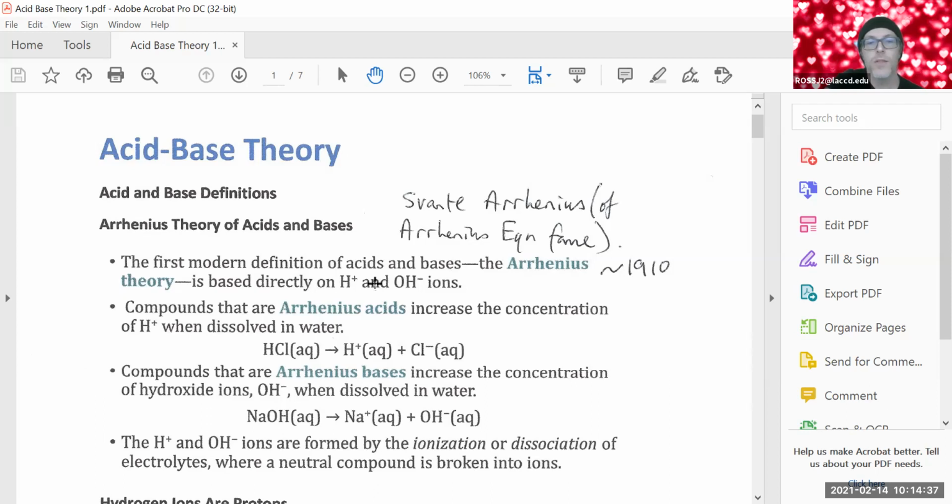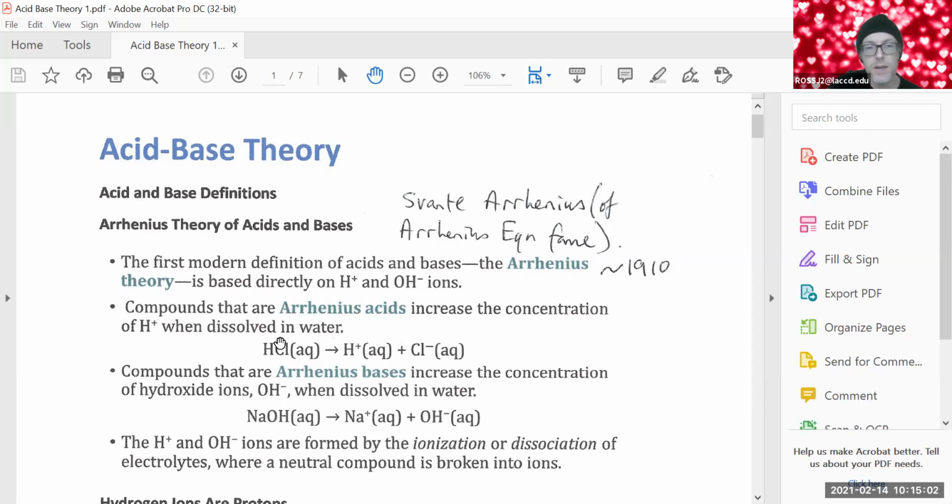Now, the OH- is stable in solution. The H+ is not stable in solution. The H+ will actually interact with a water molecule if it's in a watery environment, and it will form hydronium ion, which is H3O+, but we'll see that in a second. An example of an Arrhenius acid is hydrochloric acid.